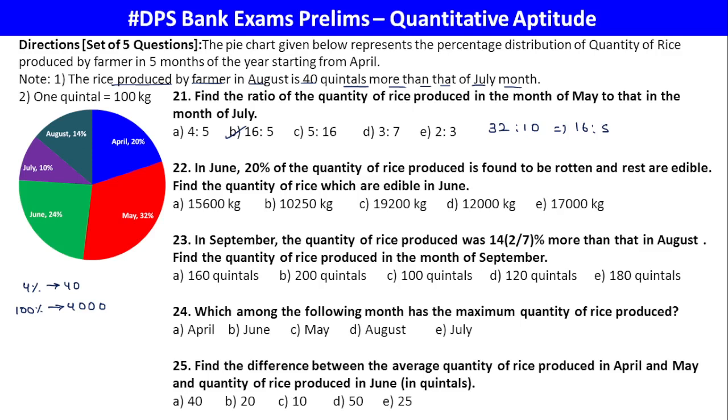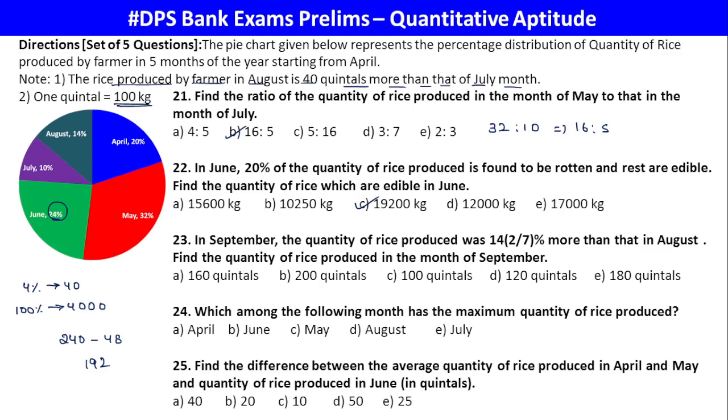Next question. In June, 20% of the rice produced is found to be rotten. In June, total 240. Subtract 48 from it, 192. Find the quantity of rice which is edible in June. 192,000 kgs. Right, 192 quintals into 100, 192,000 kgs.